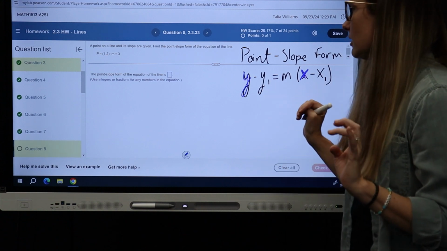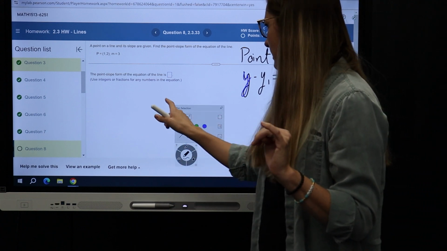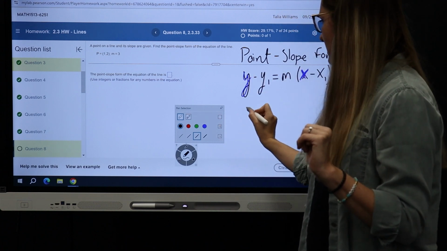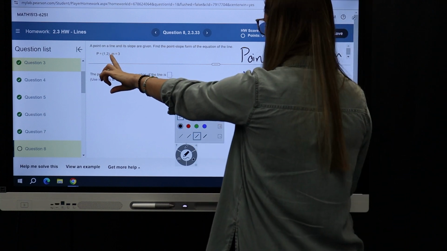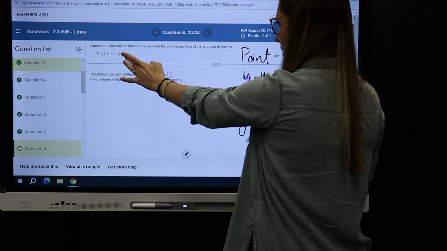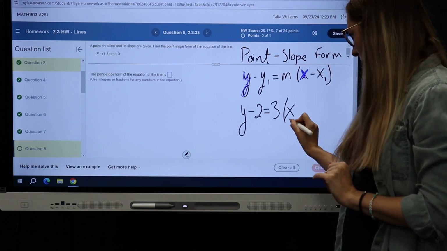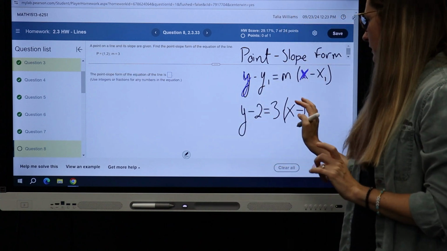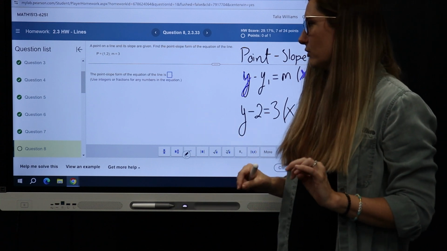For this problem though, they just want us to put it in point slope form. So we're going to take the point and the slope they gave us and type them into it. So this one is still y, because it is always y. Our y value from our point is 2. Our slope is 3. This one is just x. And then our x value is 1. This is what they want us to type in for this problem, because they're not asking for it to be simplified.